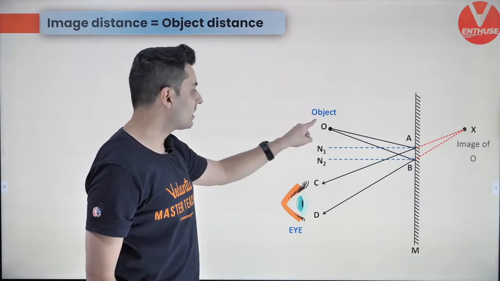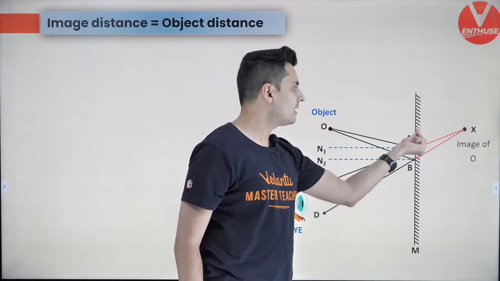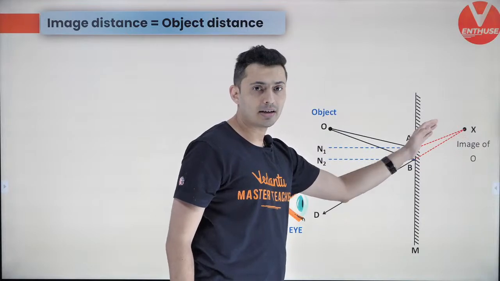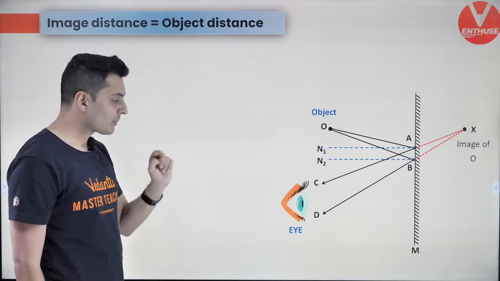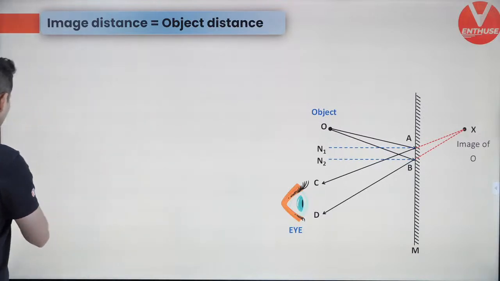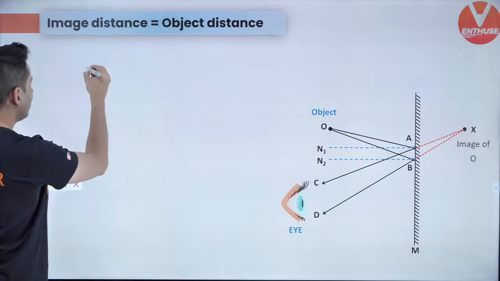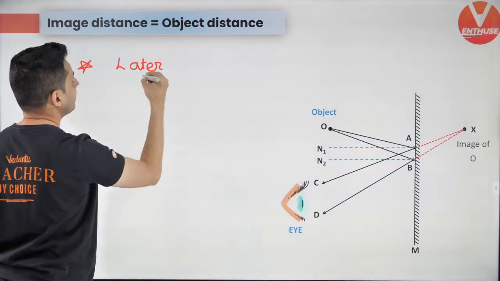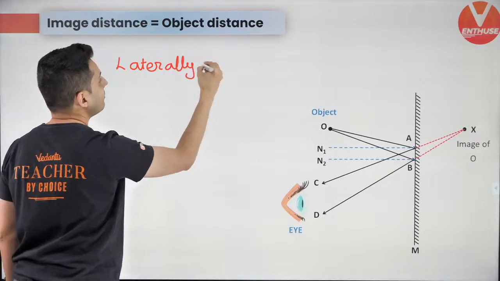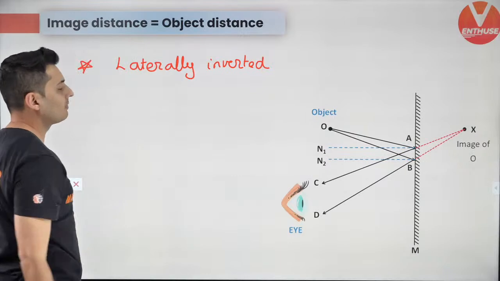So if you are seeing another object, then that object's image will be at the same distance behind the mirror as the object is in front of the mirror. Very important. Also, there is one more important property which I probably did not put in the slide, but you should note it down, and that is that the image is laterally inverted. Very important. It is laterally inverted.